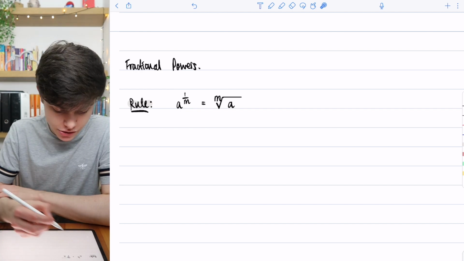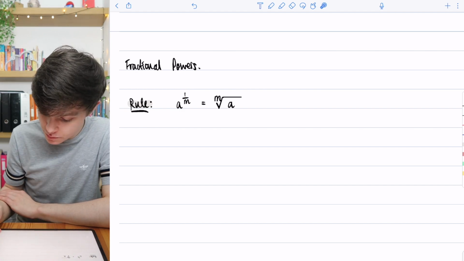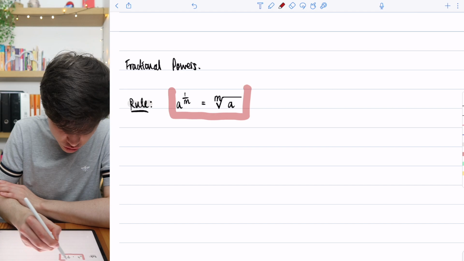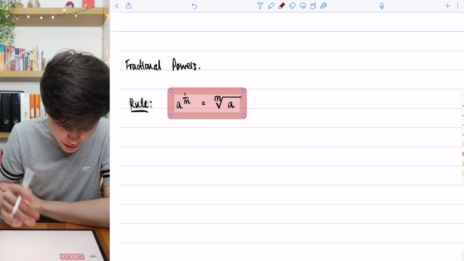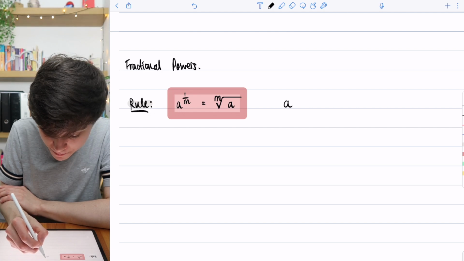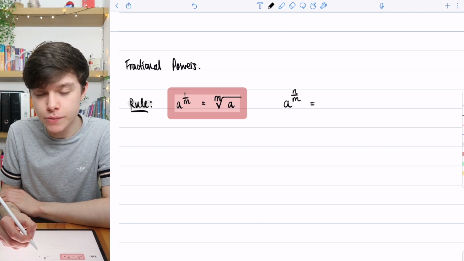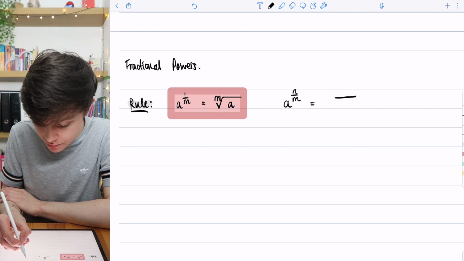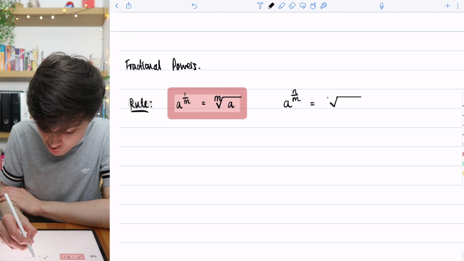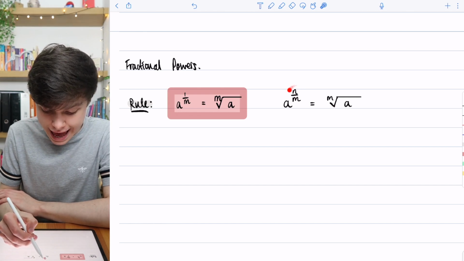Now what happens if we've not got 1 on the top here? I'll just box that rule off. That's the first rule. If we have a to the n over m, we know what the m does. We take the mth root of a. But what happens to the n?